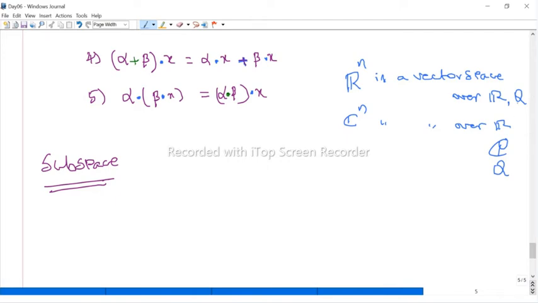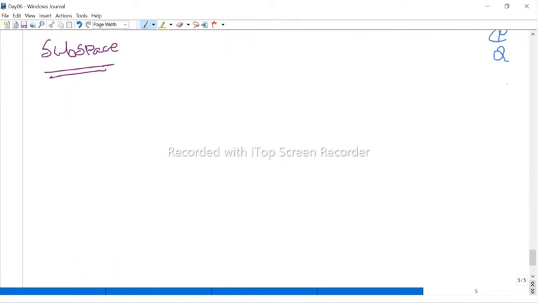Anyway, I leave the examples of vector space to you. Just go through the book and you will get the definition.